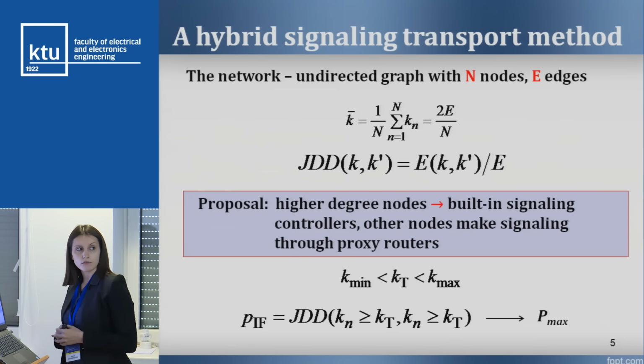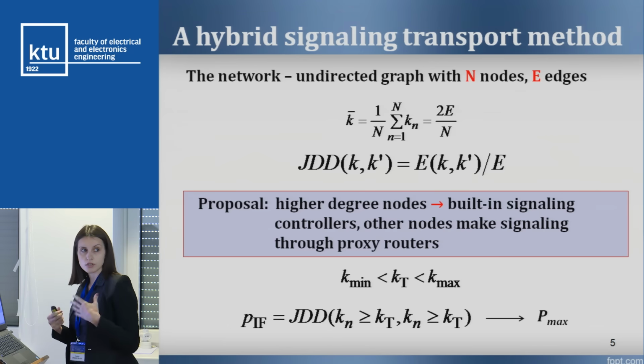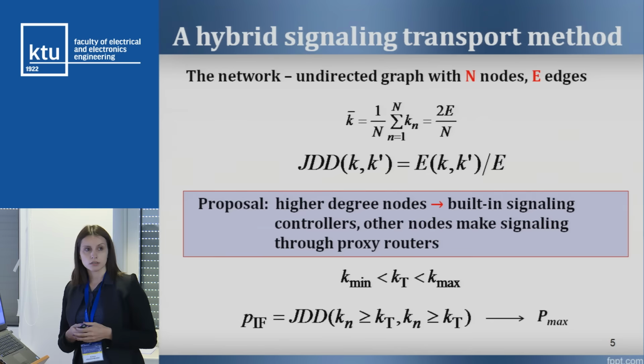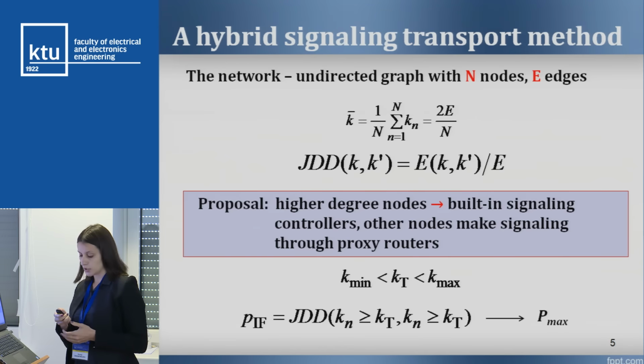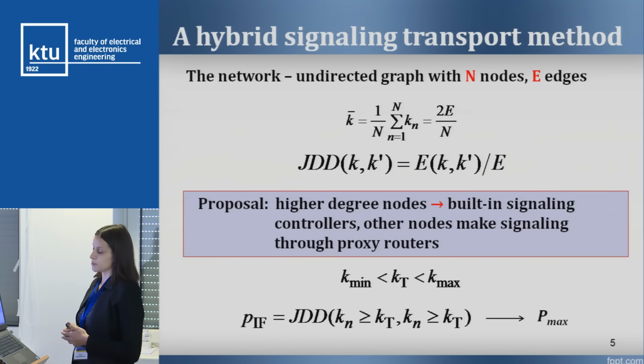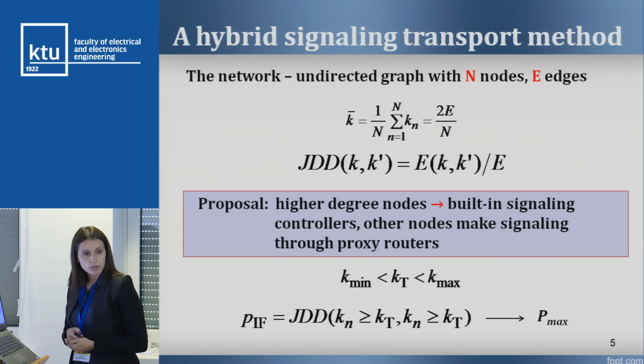The main idea of our proposal was that we built in signaling controllers in the nodes which have higher degrees, and for the nodes which have lower degree, we make signaling through proxy routers, which are totally separate controllers. So we introduced several parameters.